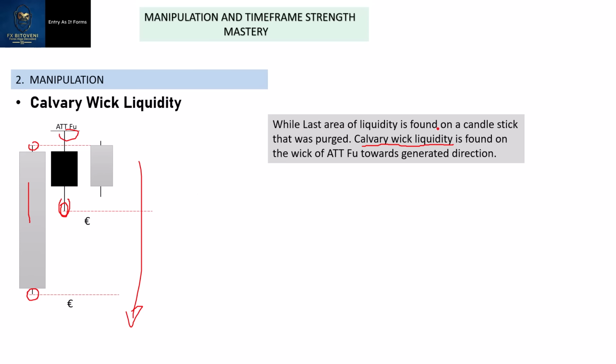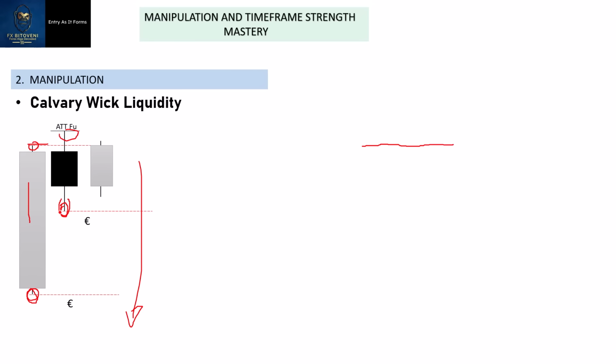While last area of liquidity is found on this candlestick because it was purged here, candle value weak liquidity is only found on the wick of the untapped FU toward this direction.